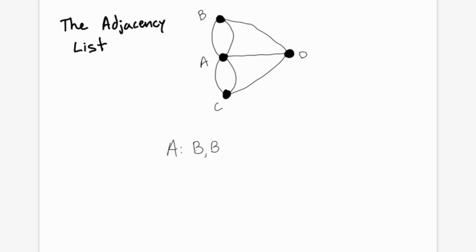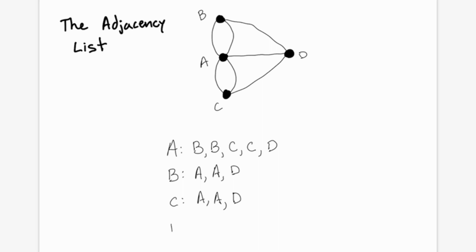A is also adjacent to C twice because there are 2 edges connecting A to C. It's also adjacent to node D. Node B is adjacent to A twice because there are 2 edges connecting A and B. And it's also adjacent to node D. Node C is adjacent to A twice and also adjacent to node D.